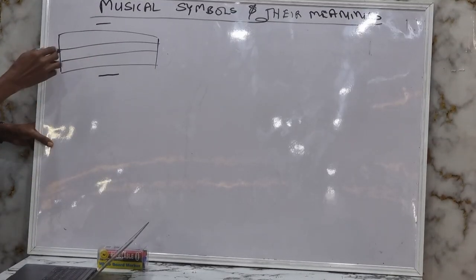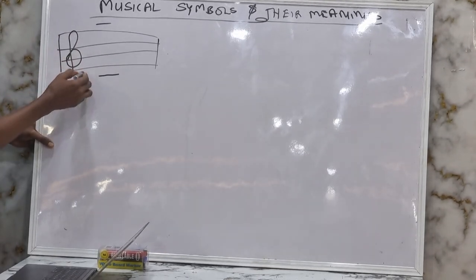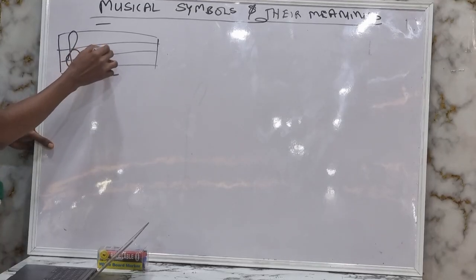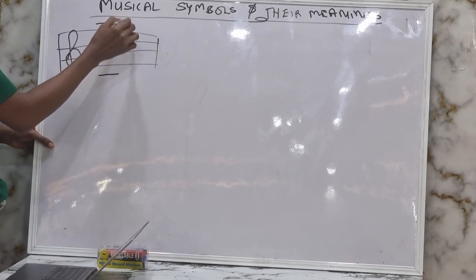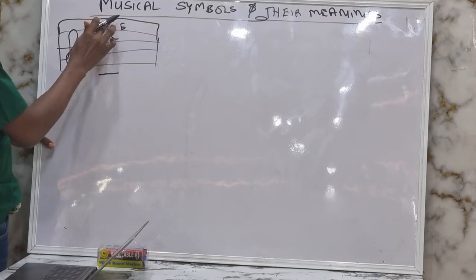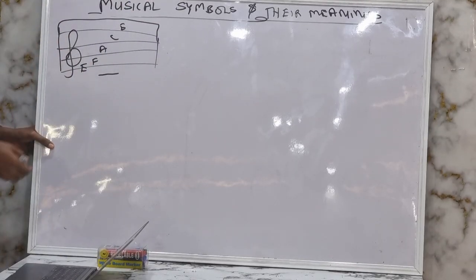Take for instance, if this has a treble clef, and then here is E, here is F, A, C, E. You understand?